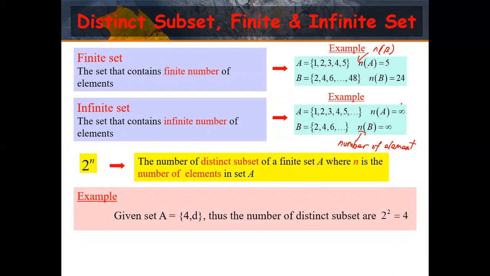Okay, let's see the example for your understanding. Given set A with 2 elements, thus the number of distinct subsets is 2 squared, 4. So what are the distinct subsets of set A?